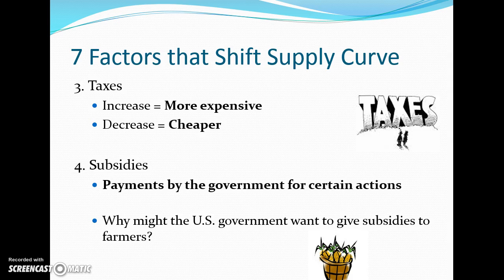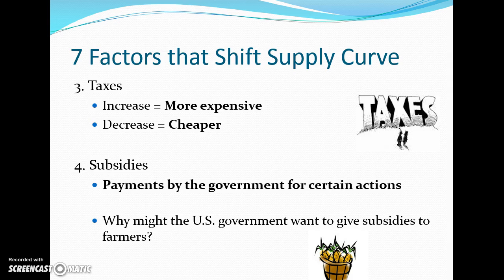So it's not cost effective to grow corn in the United States. It's cheaper just to buy it from Mexico or South America or something. But the government spends money, says, hey, we know it's more expensive to grow corn in the United States, so we're going to actually pay you to sell corn. We're going to pay you to sell corn.